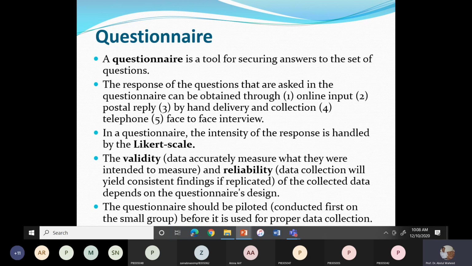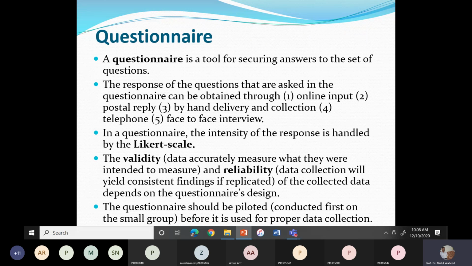And how to get the responses to these questions? It could be online input. You can put it on Google, and then people can input online, or there could be a postal reply. You can send the questionnaire by post, and then they can fill it and resend it to you, or it could be by hand delivery and collection.